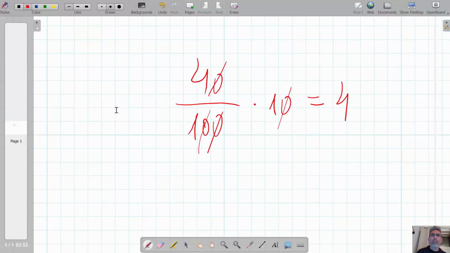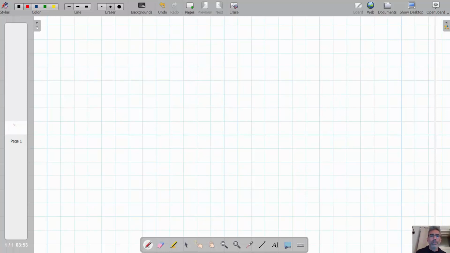Another way to think about it is, if we have 10 slices, 1/10, 10% of 10 is 1. 10% is 1, because 10% is 1/10 of 10.